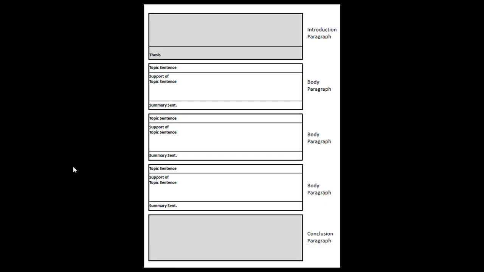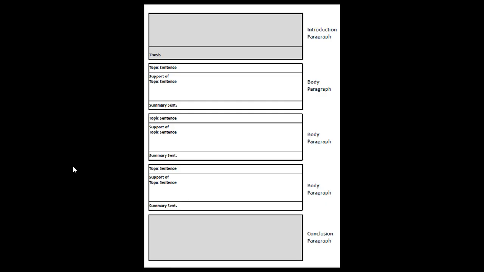Well, this handout is what I call an essay map. And this essay map, the boxes represent paragraphs. And on this essay map, there's an introduction paragraph. At the very bottom, there's a conclusion paragraph. And in the middle are the body paragraphs.